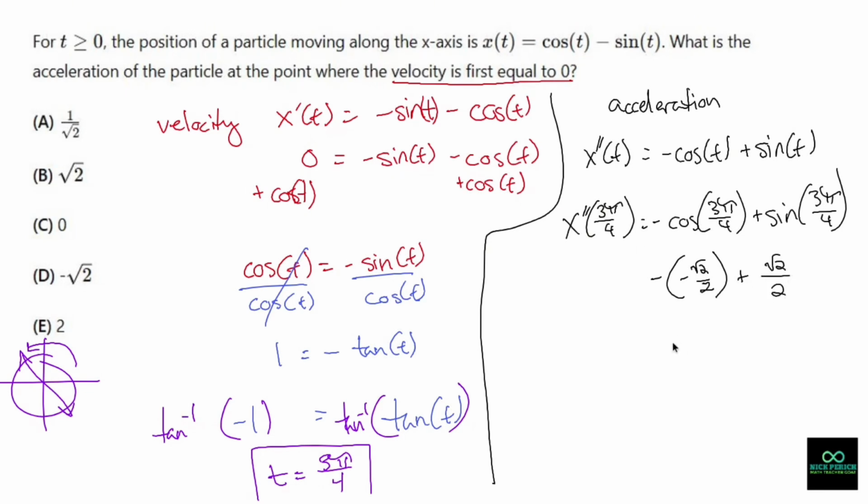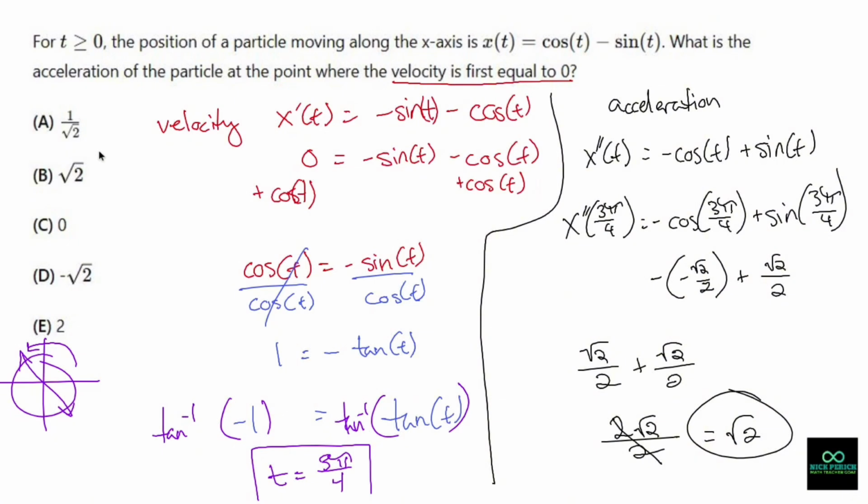So the double negatives cancel out to become root 2 over 2, plus root 2 over 2. Root 2 plus root 2 is 2 of them, so 2 root 2 over 2 crosses out the 2 and leaves root 2. And just like that, we're done.